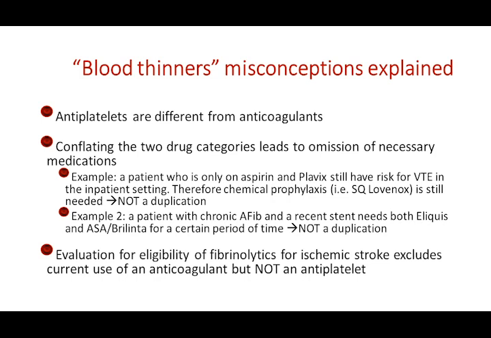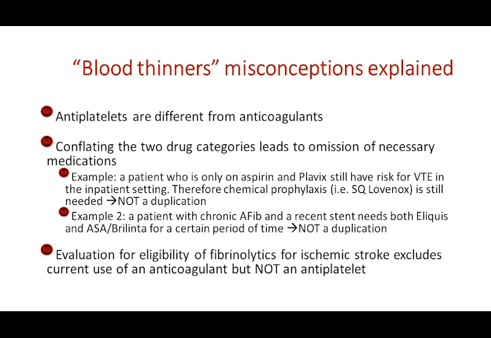Another example would be a patient with chronic AFib, and then they got recent stents. And so this patient in particular will need both Eliquis, which is an anticoagulant that prevents the patient from having a clot from AFib, but at the same time, they also need the aspirin and Brilinta, for example, combo for a certain period of time.